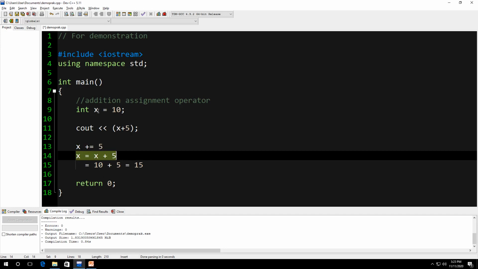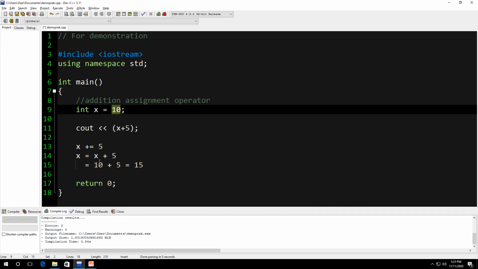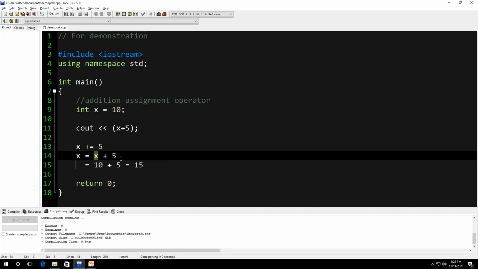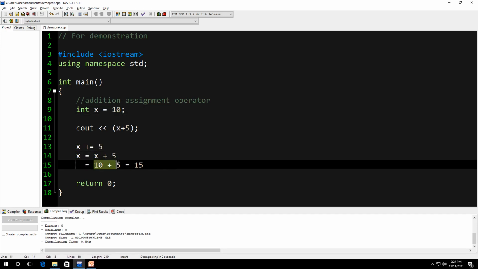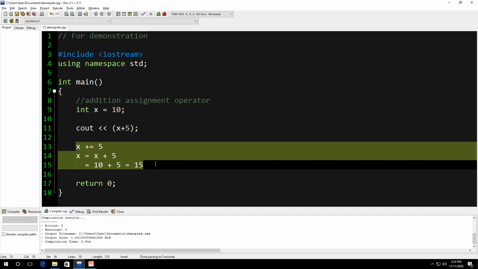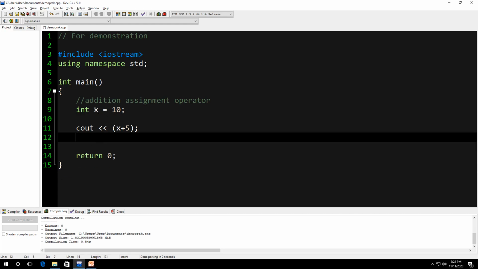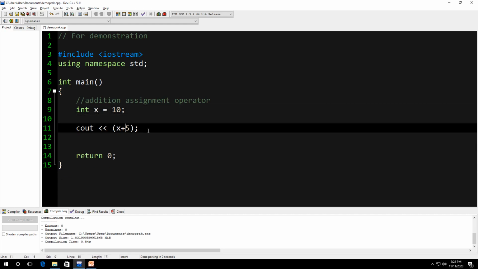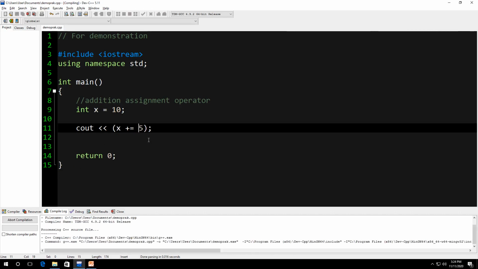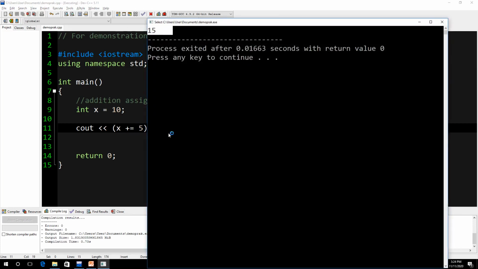So if we put the value of x which is equals to 10, it will give you x plus 5 or 10 plus 5 which is equals to 15. So that's why if we run this one, x is equals to 10 and then x plus equals 5, it will give you 15.